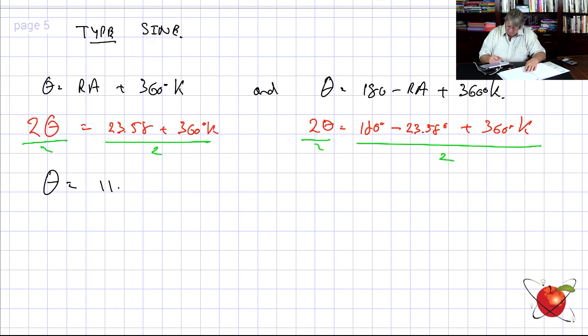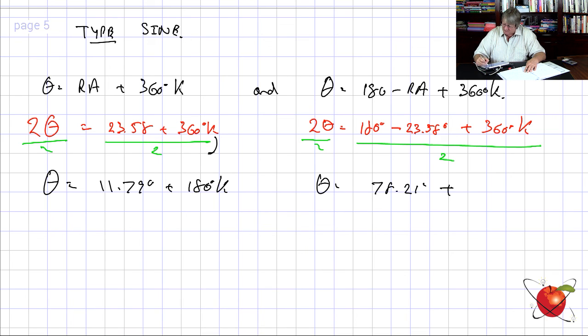Becomes 11.79 degrees plus 180K. Theta is going to be equal to, that minus that comes to 156 divided by 2, which is 78.21 degrees plus 180K. How do you do it? Make sure you divide through by the 2. Very, very straightforward.